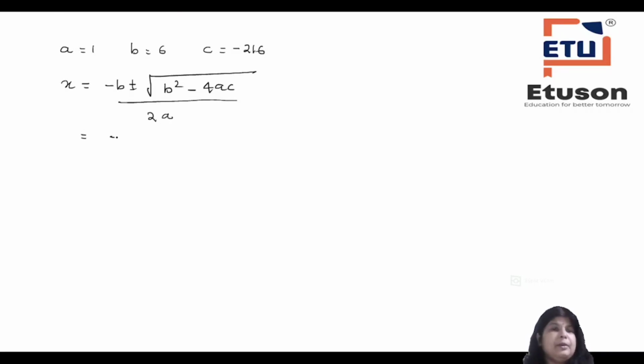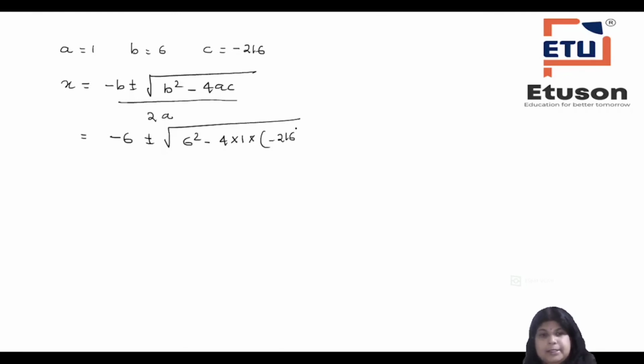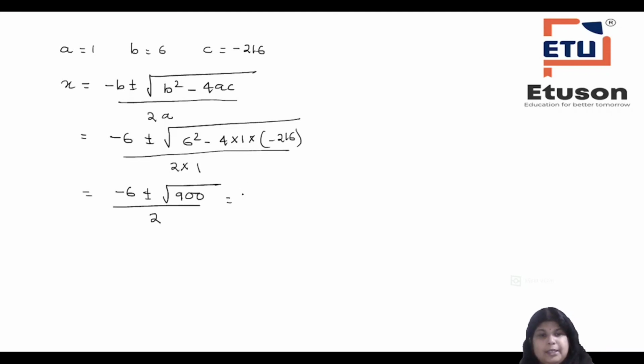So you will get minus 6 plus or minus square root of 6 square minus 4 into 1 into minus 216, divided by 2 into 1. So the value under the root is 900, and you get minus 6 plus or minus 30 divided by 2.